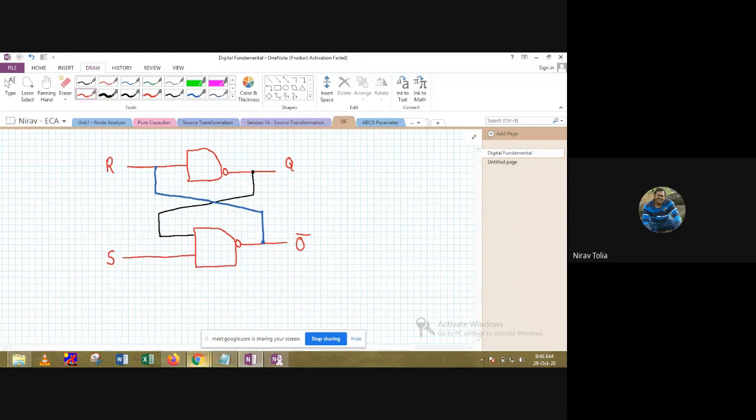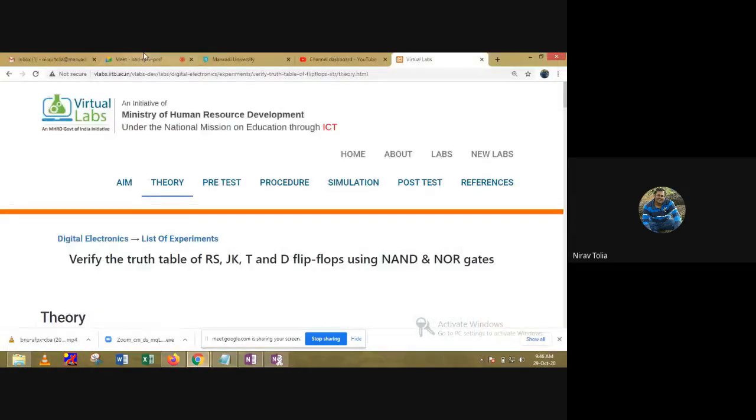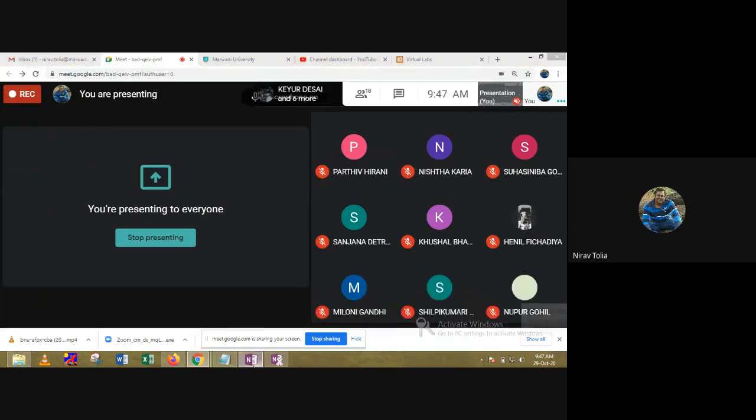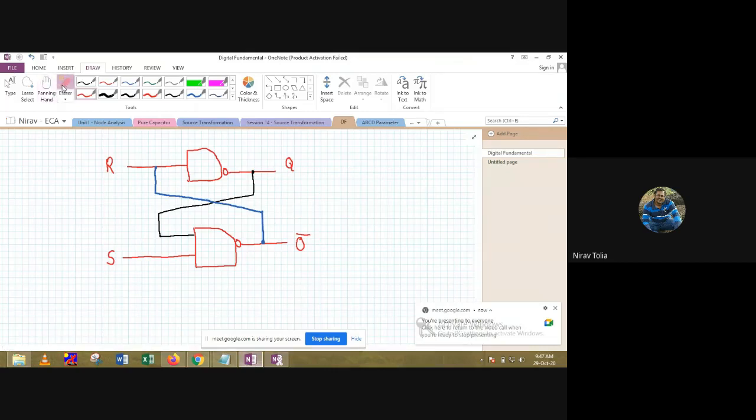You can also use NAND gates instead of NOR gates.